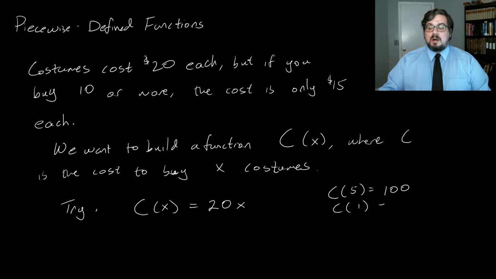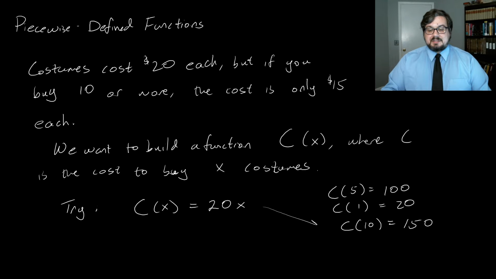The cost of buying 1 costume is just 20. But it fails when we try plugging in something like the cost to buy 10 costumes. This function would tell us that the cost to buy 10 costumes is 200, because that's 20 times 10. But in fact, we know that's not the case. If you buy 10 or more costumes, they only cost $15 each, so the cost to buy 10 costumes should only be $150.